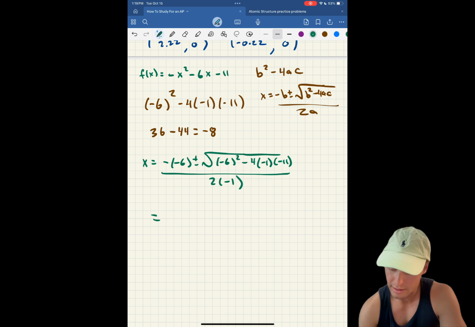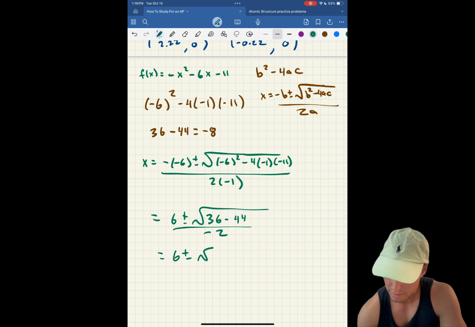And we'll just simplify this. 6 plus or minus the square root of 36 minus 44 all over negative 2, which is 6 plus or minus the square root of negative 8 over negative 2.